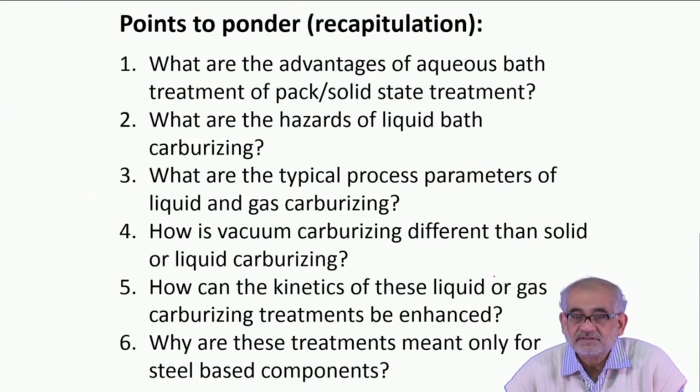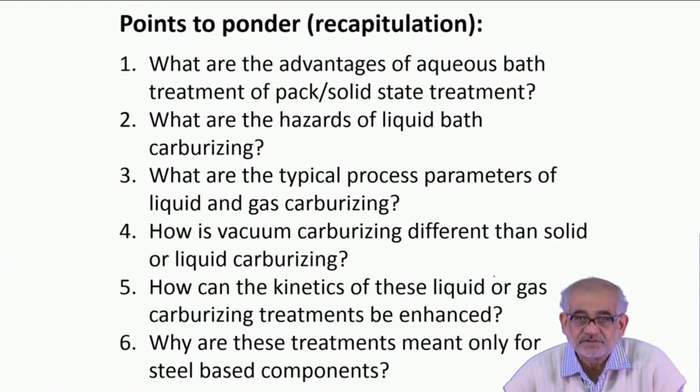Now, though it is meant for only one variety of metallic alloy, still we do discuss these treatments at length because of the very widespread applicability or need for application of these treatments for various components based on steel.